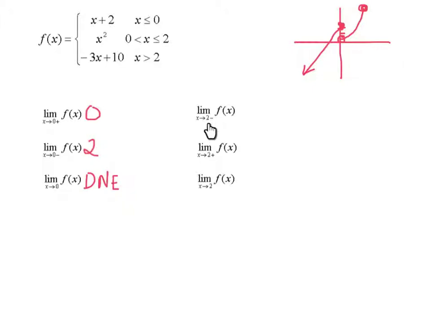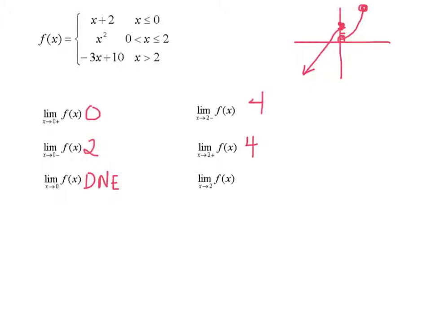Next, approaching 2 from the negative side. So let's go to the one that's below 2. It'll be this one because it goes from 0 to 2. So 2 squared is 4. Next, we're going to 2 from the positive side, so we go to the one that's bigger than 2, and we plug in 2. Negative 3 times 2 is negative 6, plus 10 is 4.